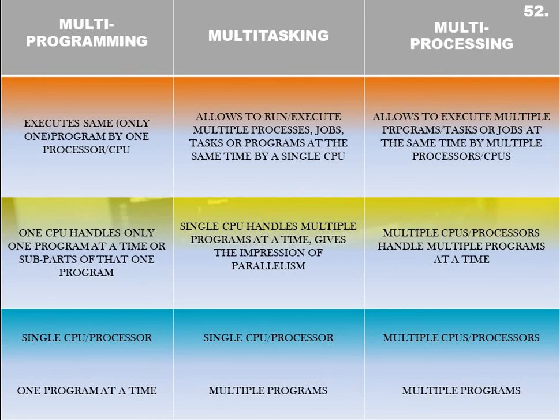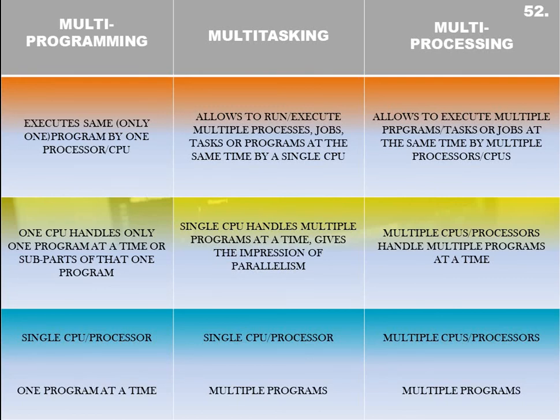In multitasking, the CPU is not bound to just execute the tasks of one program. No, it's not like that. It executes some tasks of one program, and then it also executes some tasks of another program.